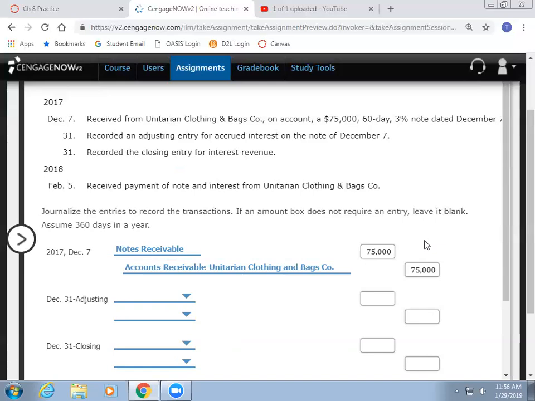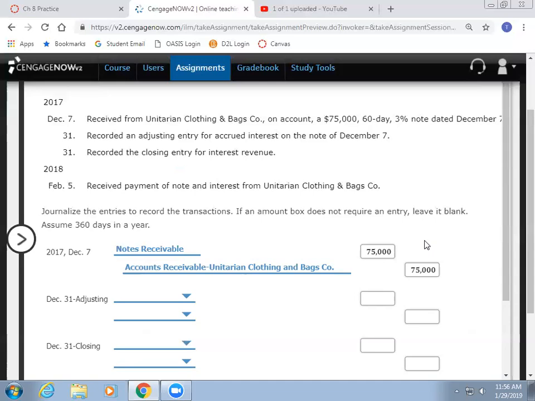Okay. So what we have to do at the end of December is an adjusting entry for any interest that has accrued in this current year. So that's 24 days of interest. From the 7th to the 31st, that's 24 days. And then we're just going to calculate it.